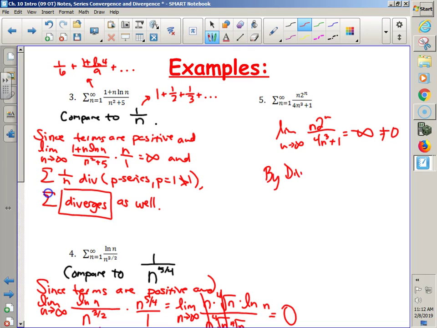That's the best one, but it only works every now and then, right? It's the nth term test. What could we have compared it to? Anything you wanted to, basically. The top's going to keep on winning no matter what.